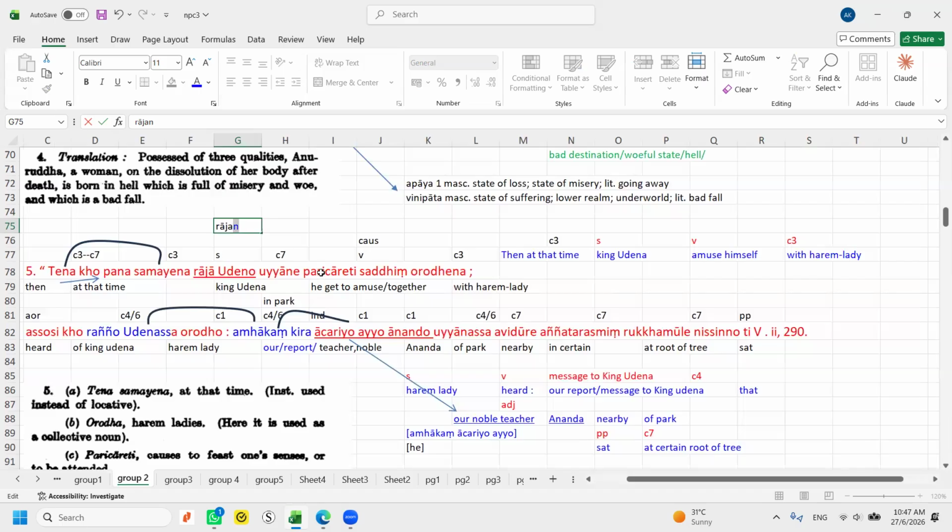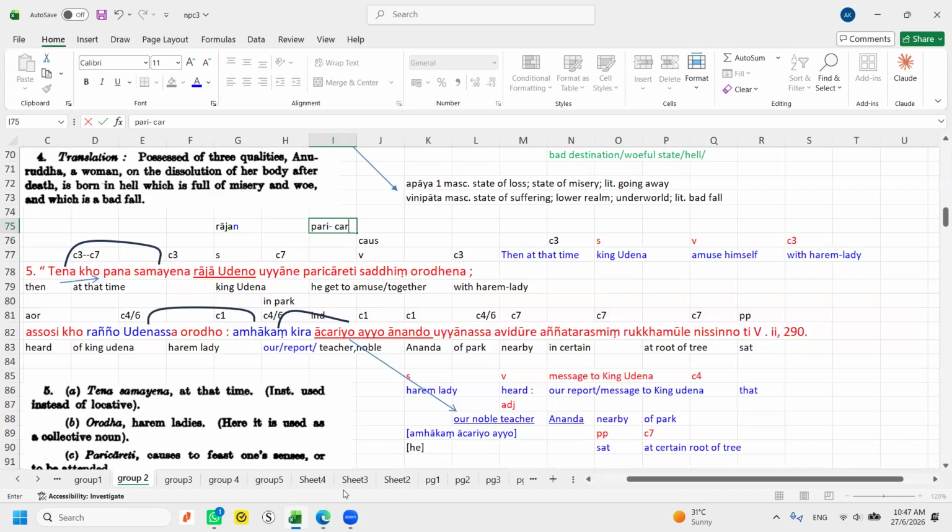Paricareti. This is a prefix, pari, plus the root carati.